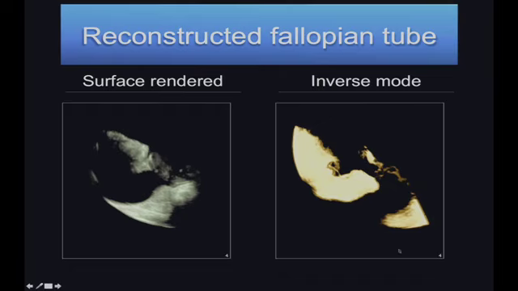This looks like a fallopian tube. So what we learn from this is that we should not limit ourselves to slicing only through the coronal plane if we are suspicious for a fallopian tube. We have the whole volume. We can slice through the other planes as well to try to get the structure that we are suspicious may be there.